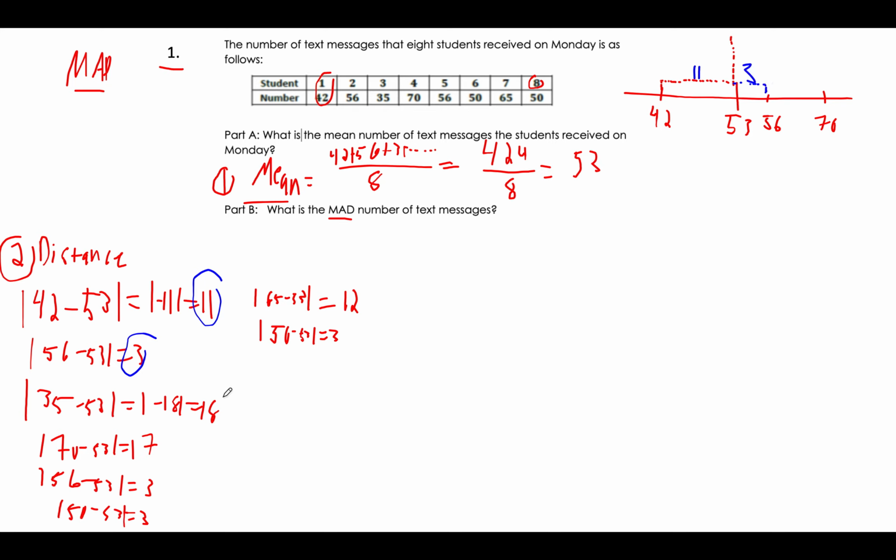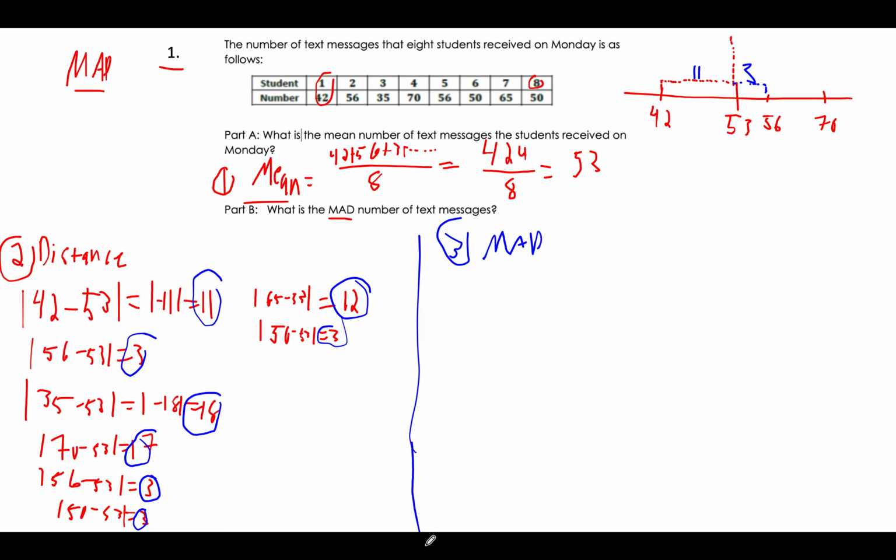And we're going to be adding up all of these distances and then dividing by the number of distances that there are to find the average distance from a point on our dot plot to the center. So now we're going to find our MAD. To find that, we're going to add each of these up. So we're going to do 11 plus 3 plus 18 plus 17 plus 3 plus 3 plus 12 plus 3.